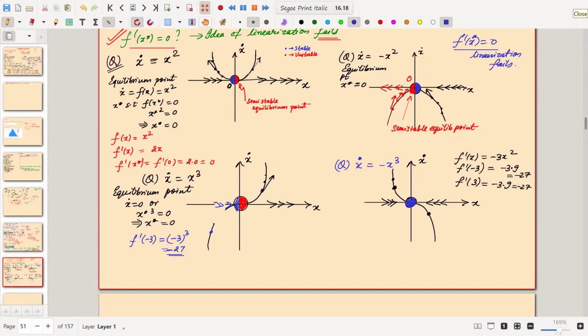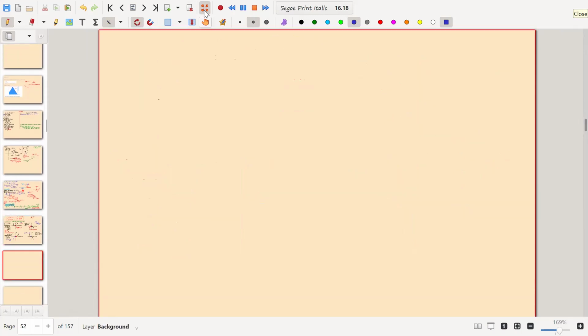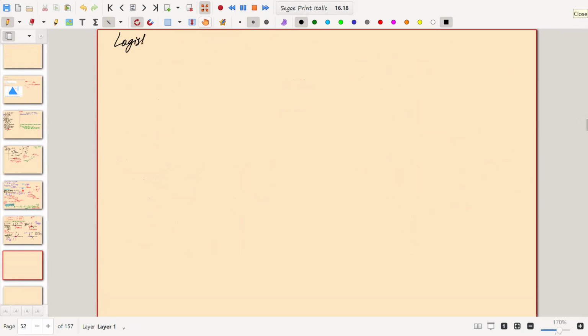Okay, now let us go to an example. An ecological example that is the same thing as logistic growth. So, logistic growth. If you want to understand population dynamics, that's how the logistic map was: x n plus 1 is r x n into 1 minus x n.